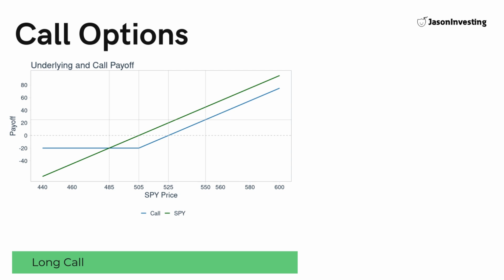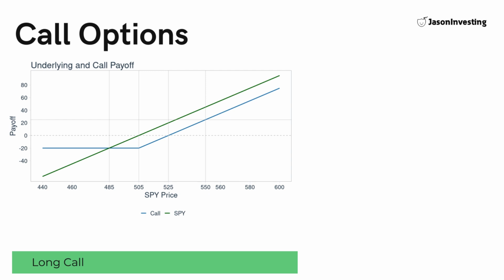And another thing to note is if you notice that the green line, the underlying payoff, seems to be above the blue line most of the time, right? Like, if you were to look from 485 and above, the green line is above the blue line.